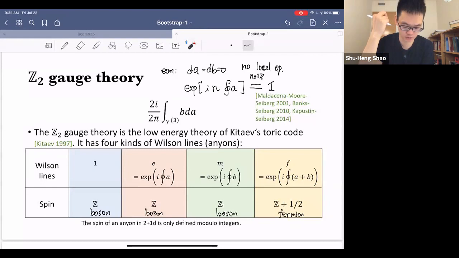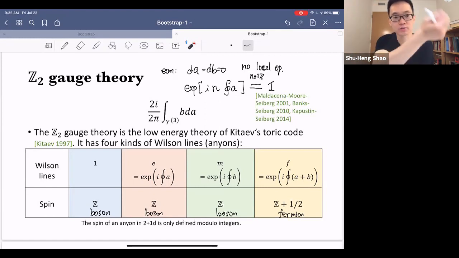Roughly speaking, you can always add massive degrees of freedom in your microscopic UV system, and that wouldn't affect the long distance behavior. In the microscopic UV degrees of freedom, you can always throw in some decoupled bosons, and those bosons can dress your anyons in the UV. That will modify the spins by an integer, but those degrees of freedom will not change the long distance topological field theory.